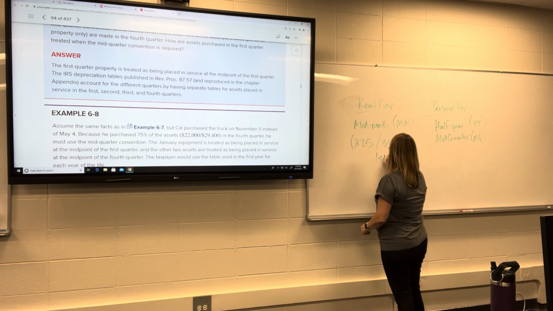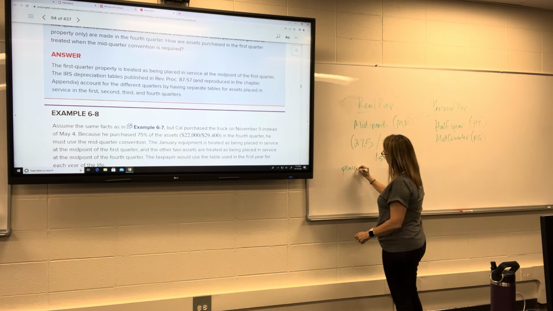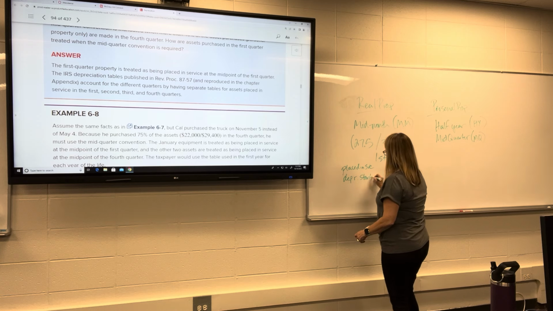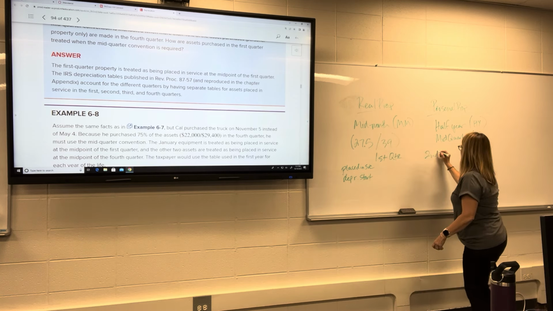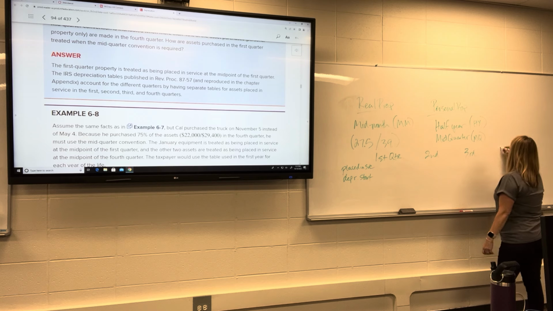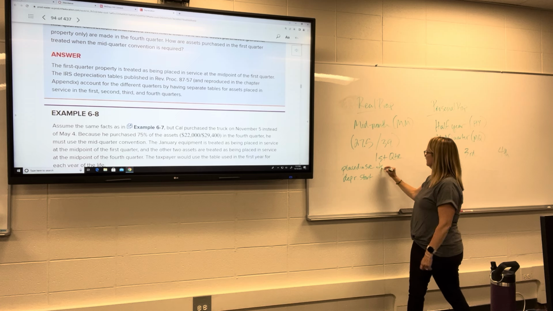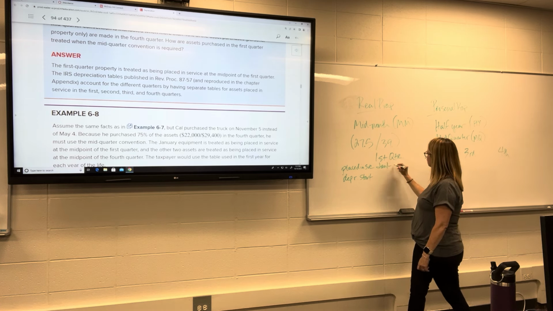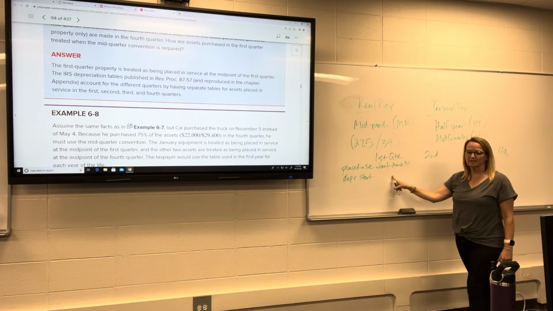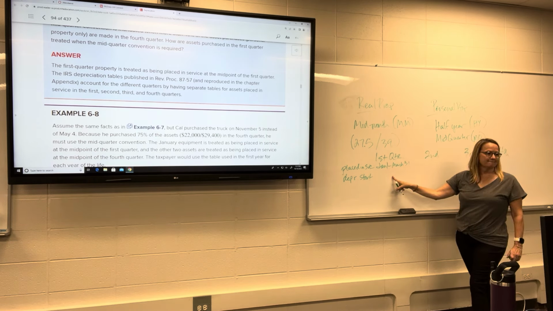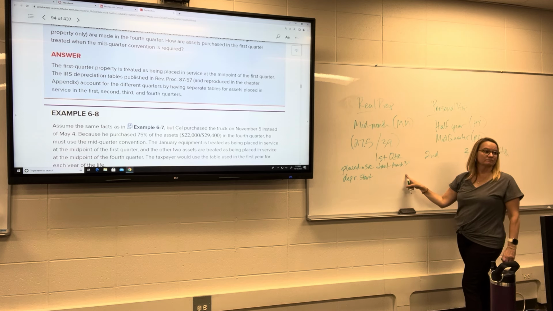So first quarter, placed in service and depreciation start. We've got 2 dates here. So first, second, third, and fourth quarters. The first quarter, if we placed it in service from January 1st through March 31st, we're gonna start depreciating it. What's the middle of this quarter? February 15th.